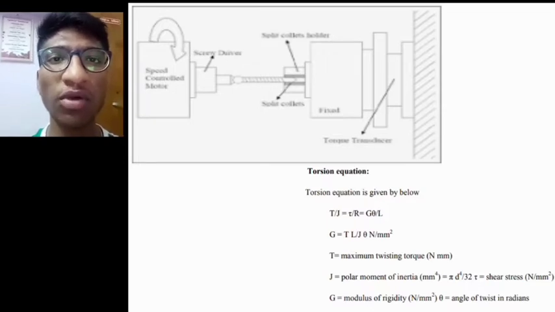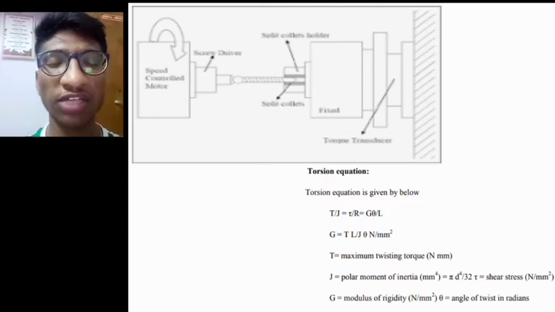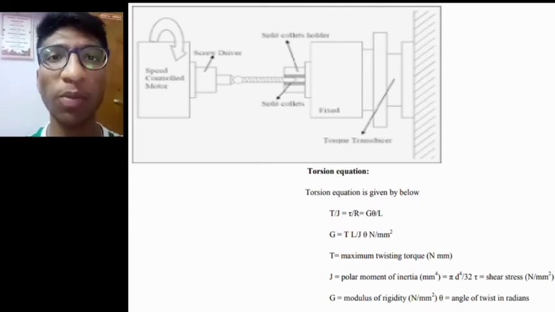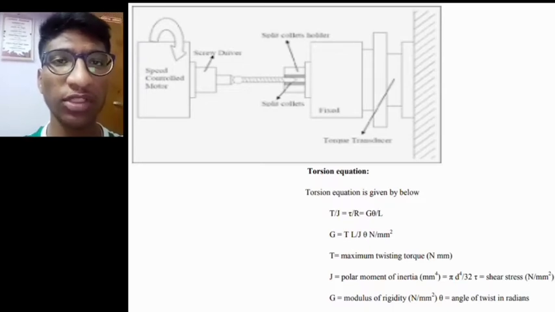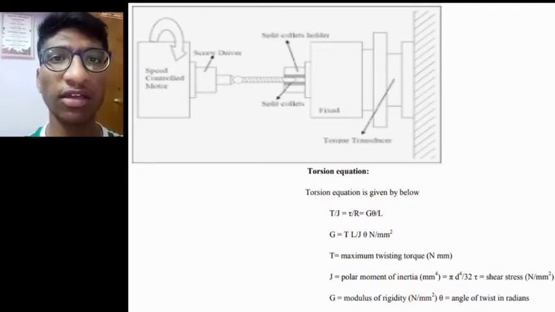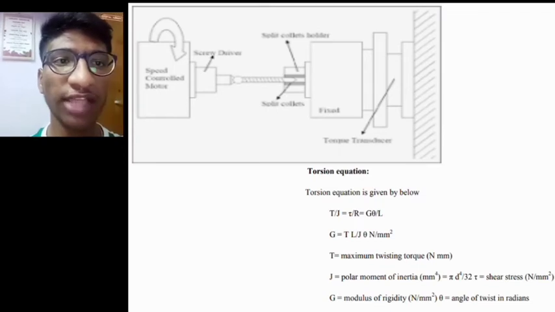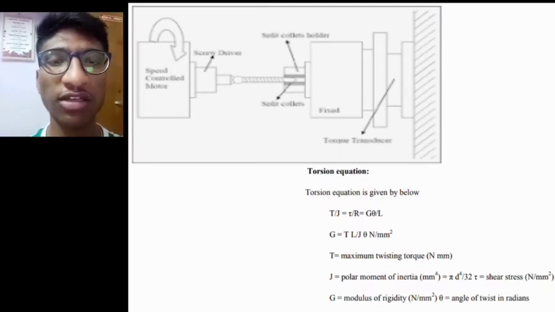One machine has 0.01 division and another machine has 0.05 division. It is your wish, whichever is comfortable and easy to calculate. Each 5 degrees we have to take the reading. T is the torque and J is the polar moment of inertia.